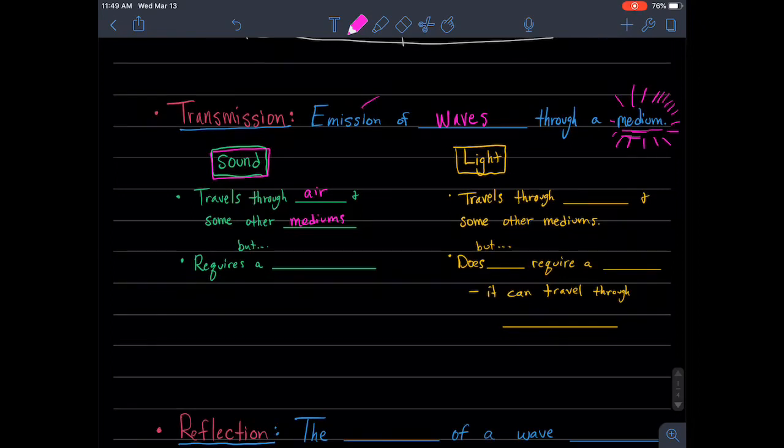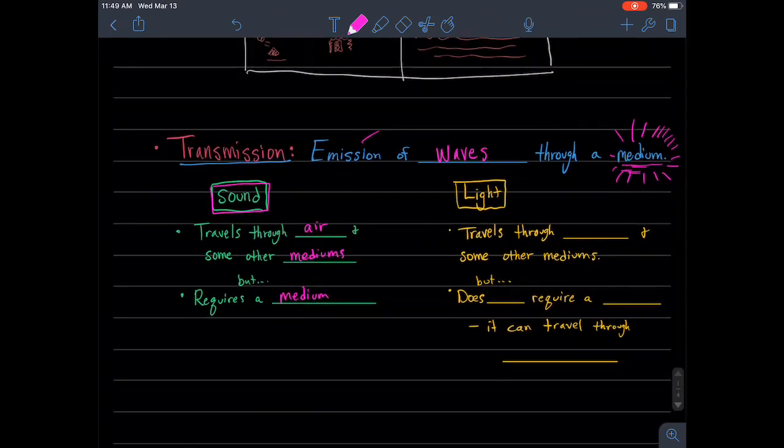Something interesting about sound is that it travels through air and some other mediums, but it does require a medium. So if you were to go out into outer space and scream for your life because you saw an alien, nobody would hear you. Well, there might not be anyone around, but the sound actually wouldn't be able to travel from you to the other person because there are no air molecules to bump into to get to that other person.